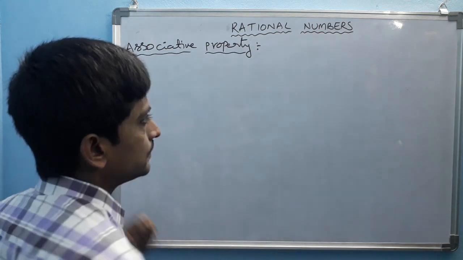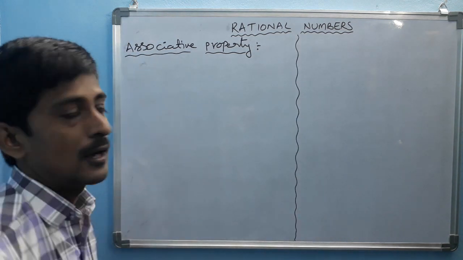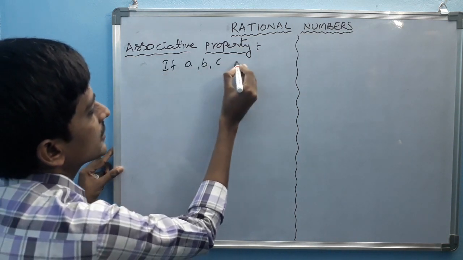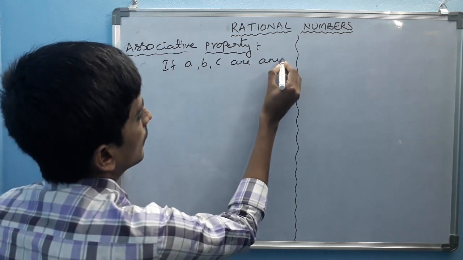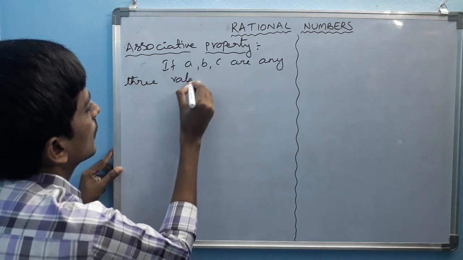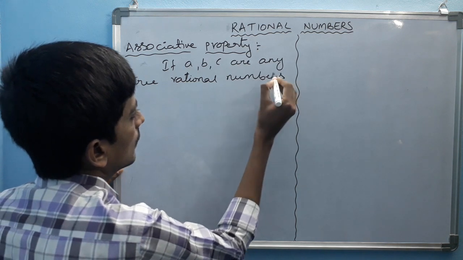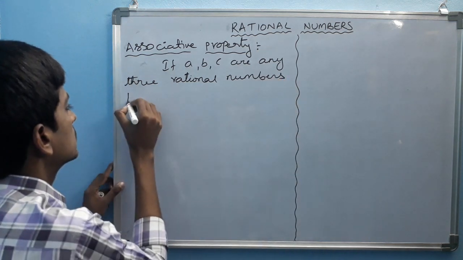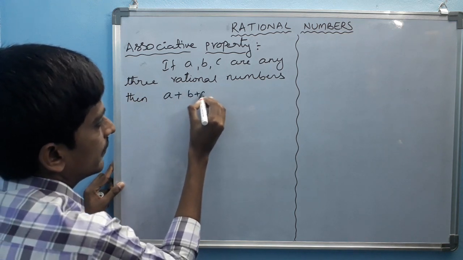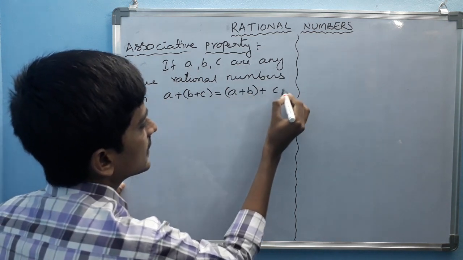Associative property. Associative property means if a, b, c are any three rational numbers, then (a + b) + c equals a + (b + c).